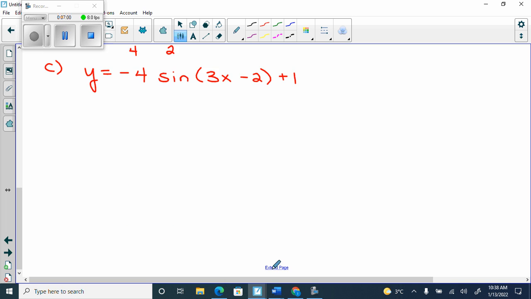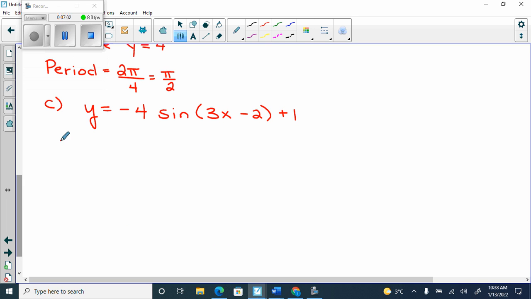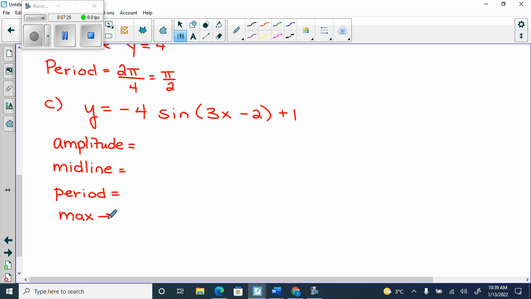What I want from this one is your amplitude, the midline, and the period. And I want you to put it in your calculator and get me the max and the min, because we have one last thing to learn. So I want the maximum and the minimum. These would be off your calc for now. So the amplitude is what?